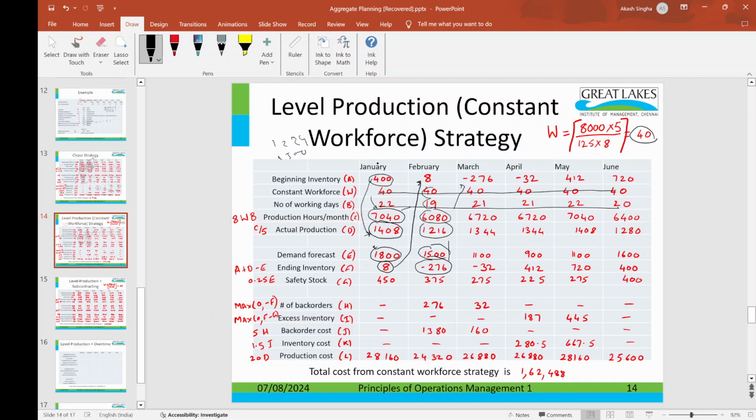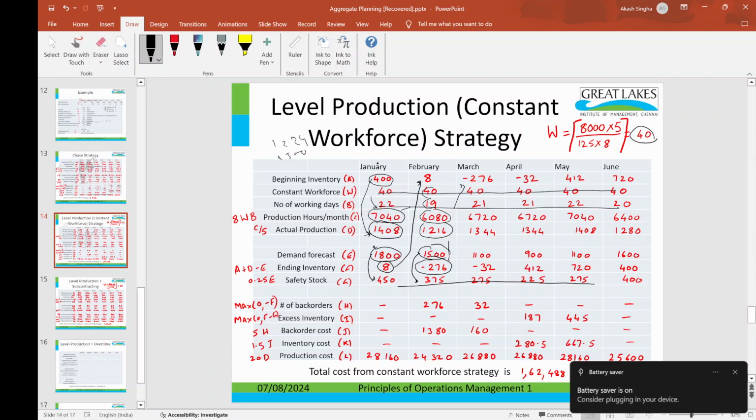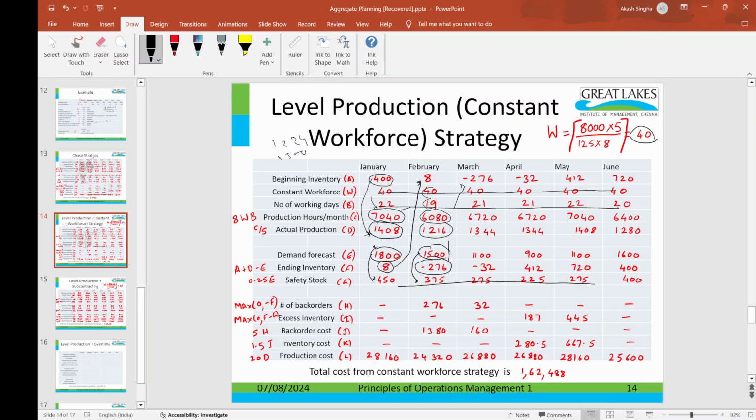Now, safety stock is given as 0.25 of the demand. So for the demand forecast of 1800, safety stock is 450. For 1500, 1500 into 0.25 is 375, and you have to calculate like that.